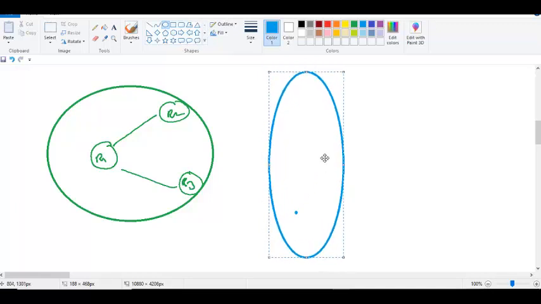So we are getting some routes from the cloud. Let's say 1.1.1.1.